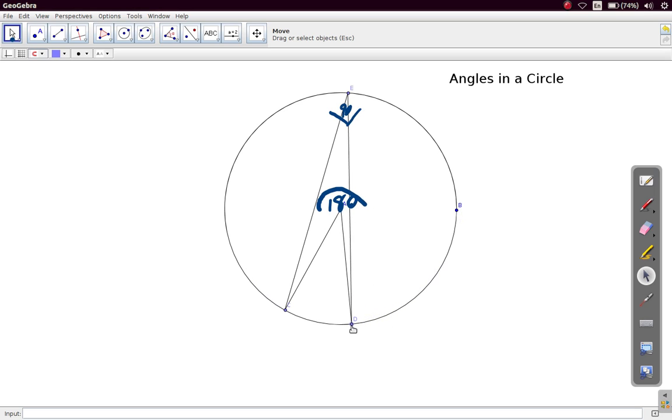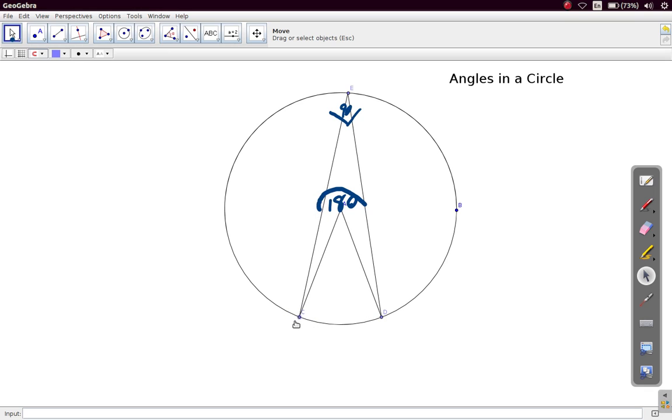You will see that both angles, the one at the center and the one at the circumference, are getting smaller. But at all times, you have the angle at the center being twice the angle at the circumference. If this angle were, say, 30 degrees, this would be 15 degrees, right?